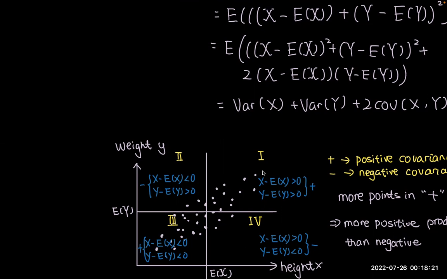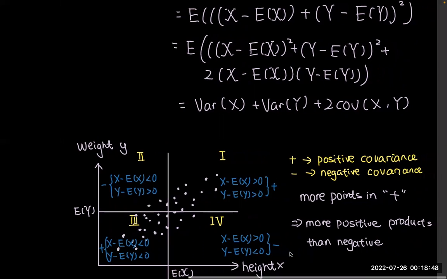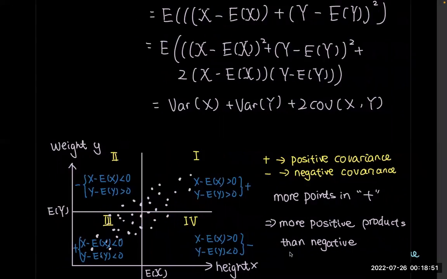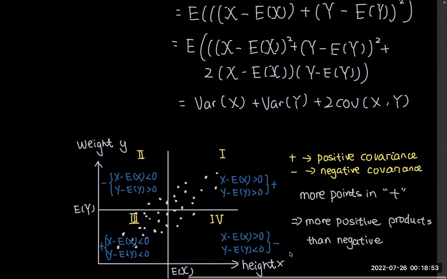So you can think of those as big people, those as small people, and those as skinny ones. Those are the opposite. And if there's a positive trend, you see that there are more points in 1 and 3, which give us a positive product, than points in 2 and 4, which give us a negative product. So in that case, the covariance between x and y is positive. So this is an example of positive covariance.